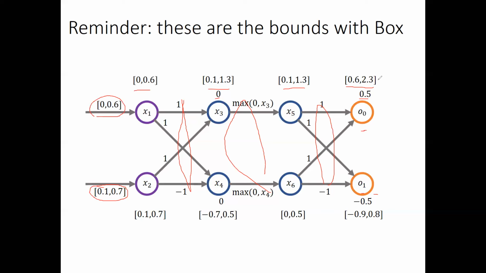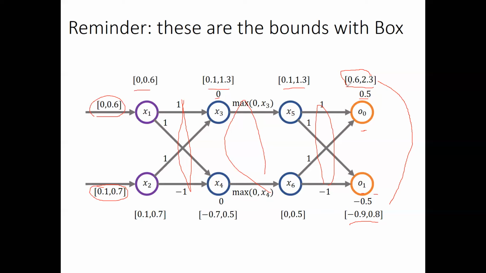If you look at these intervals, 0.6 to 2.3 and minus 0.9 to 0.8, as from the previous lecture, the intervals intersect, the intersection is non-empty. So using just the simple box analysis, we are not able to prove that O0 is strictly greater than O1. This motivates us to use the mixed integer linear solver, in hope that this holds and we are able to prove it.